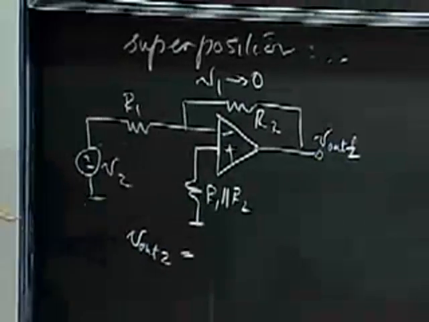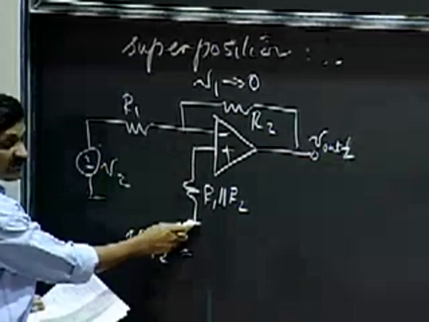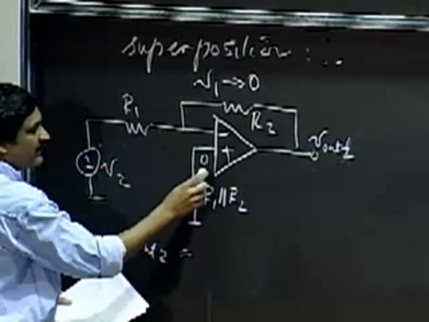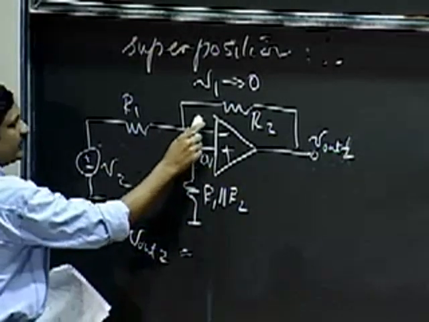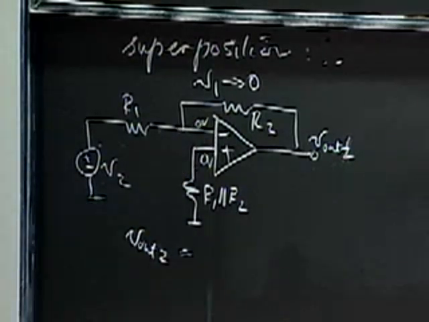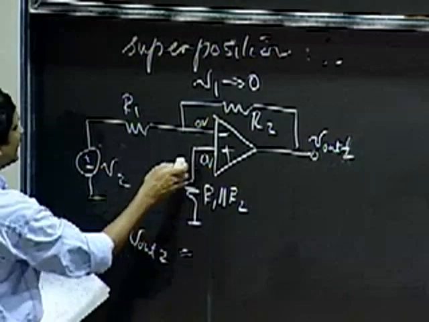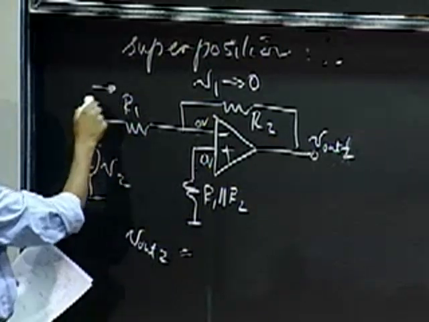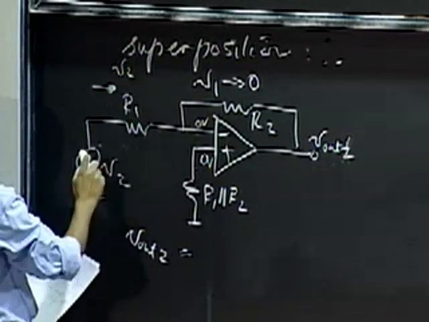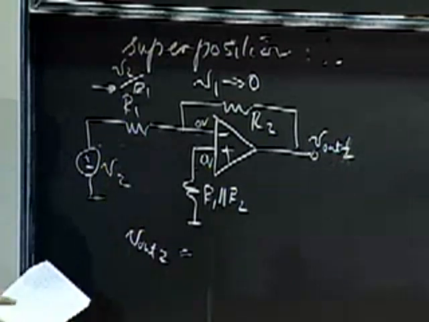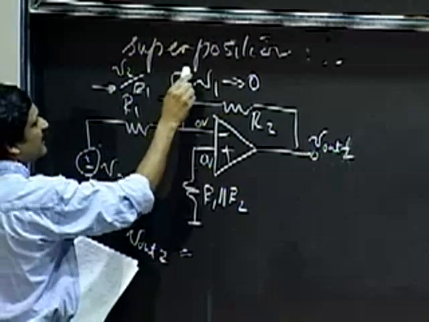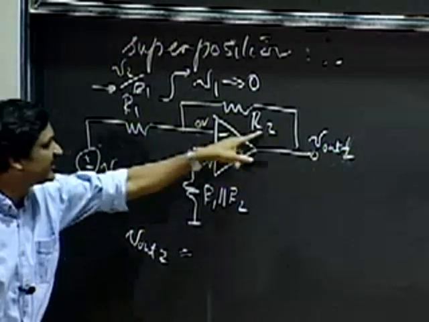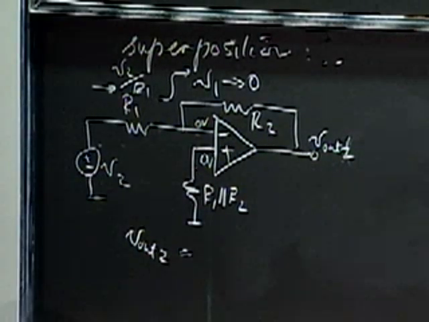V out 2 is simply given by, notice that since this is ground, no current flowing here, this voltage is 0. If this voltage is 0, this voltage is 0 by the V plus equals V minus method. If this is 0, the current that goes through here is V2 divided by R1. And that same current must flow through the resistance R2 as well.